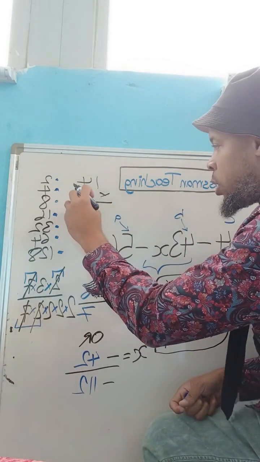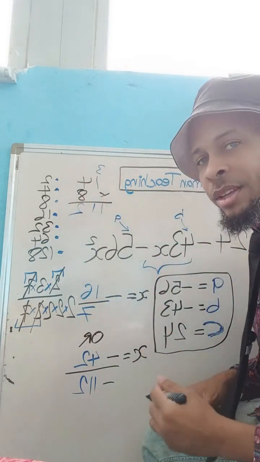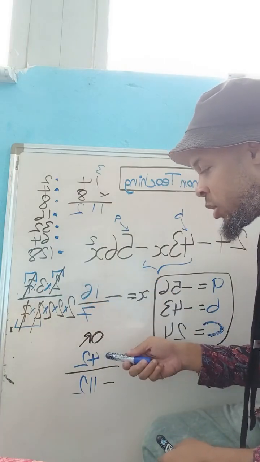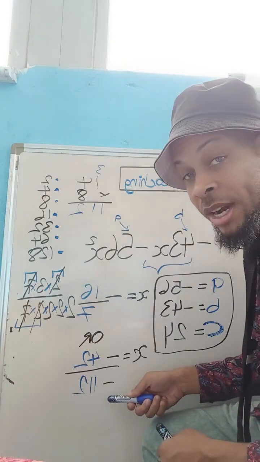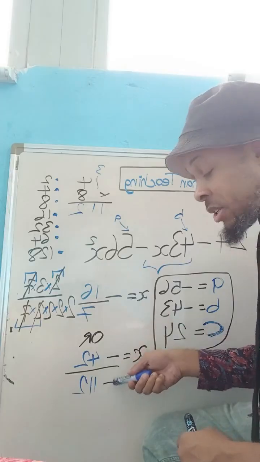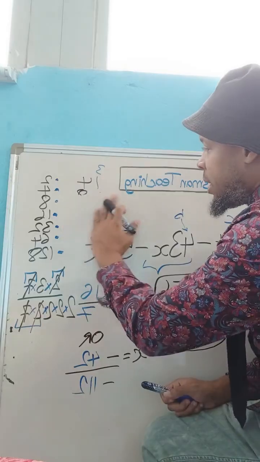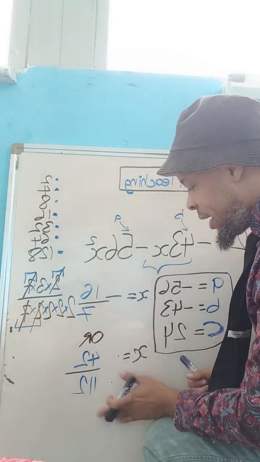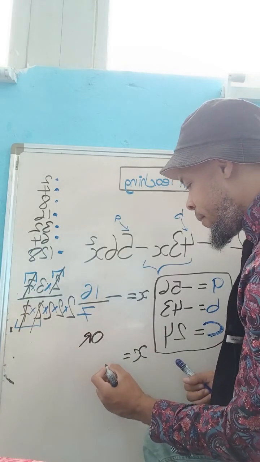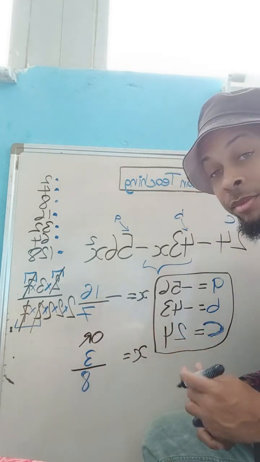When we reduce 42 over 112, we're going to end up with 3 up here, 8 down here. The minuses are going to cancel, so this is going to be positive 3 over 8. Definitely 3 over 8. And that's it.